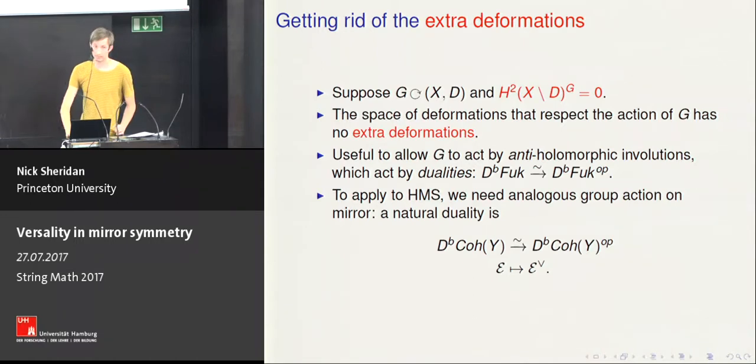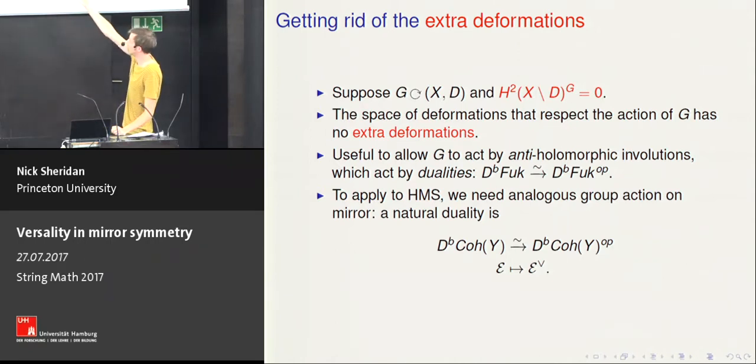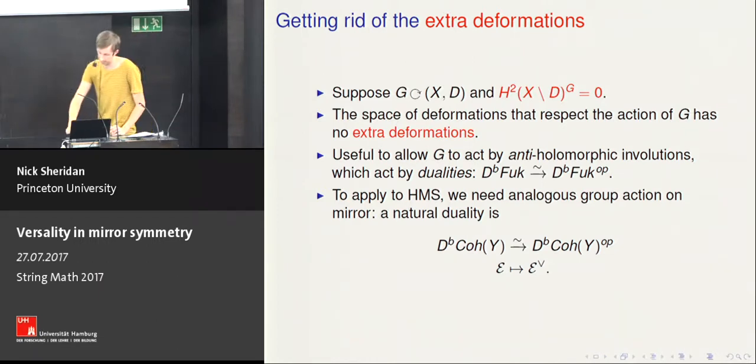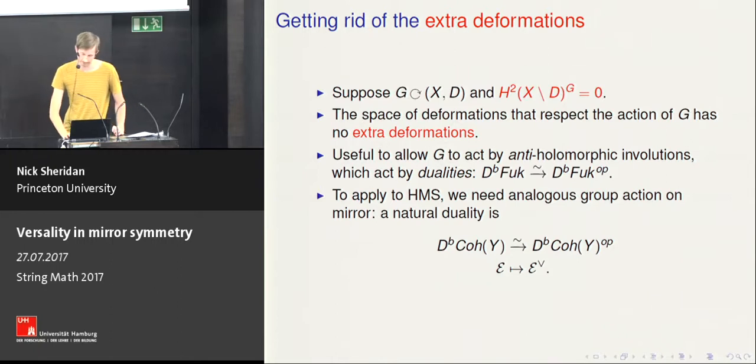Of course, if we're going to apply this idea in the way that I described to prove homological mirror symmetry, then we need this group action to exist on both sides of the story. And on the coherent sheaves side of the story, the natural source of equivalences between coherent sheaves and its opposite is the functor that dualizes a coherent sheaf.